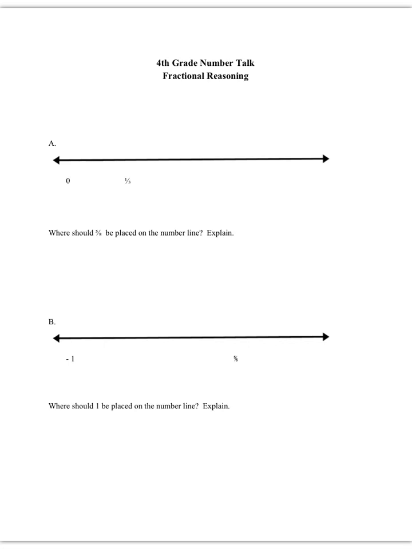So let's look at this first problem. We want to know where we should put 5/8. Well, let's first think where we would put 1 whole. So if that's 1/3, that's 2/3, that's 3/3. So there's my 1 whole.